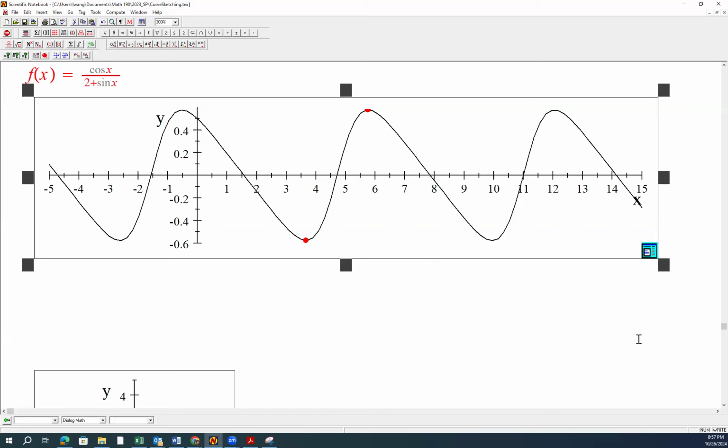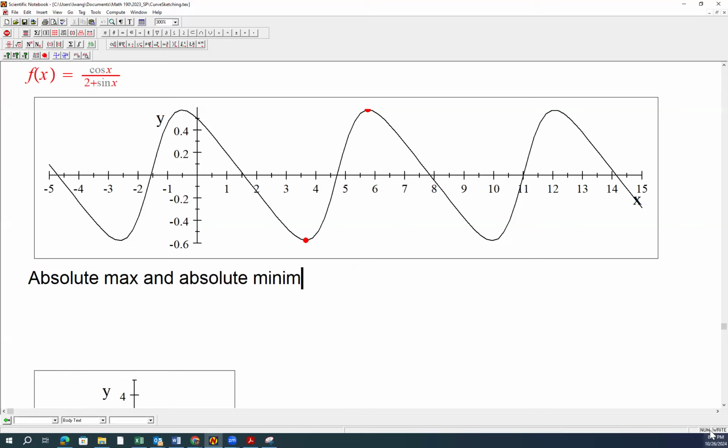Okay. We also realize we have absolute max and absolute minimum. So the local max, local min are also absolute max, absolute min. All right, so let's put it over here.